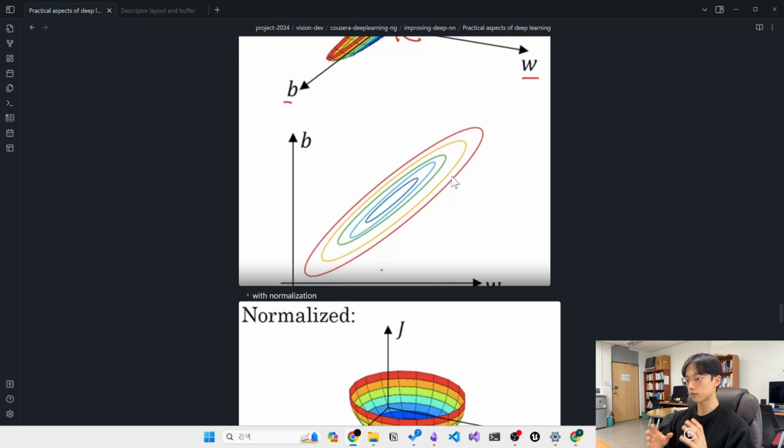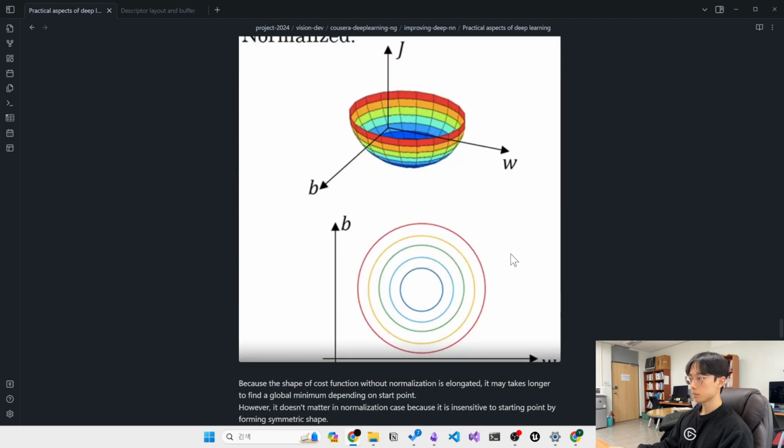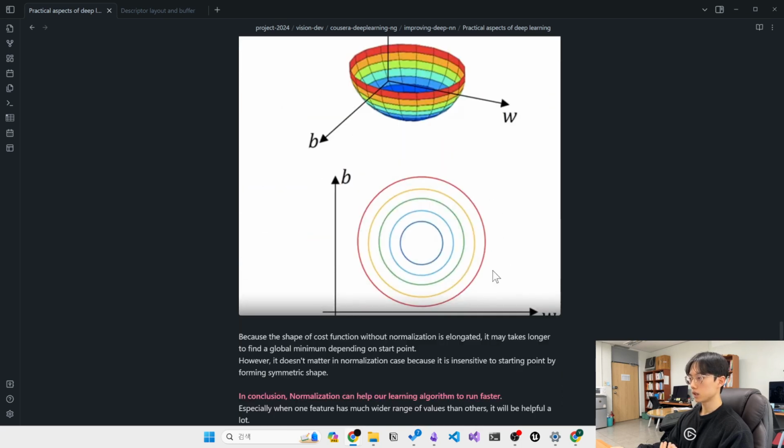So it can have a different learning algorithm performance depending on the point it starts. But with the normalization, we get a good variance in the input features so that we can expect good performance in the learning process without depending on the point it starts. It doesn't matter.